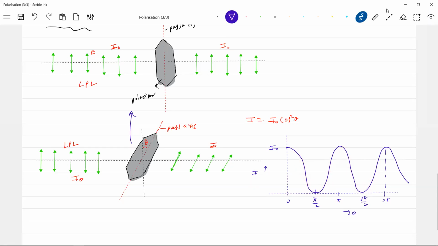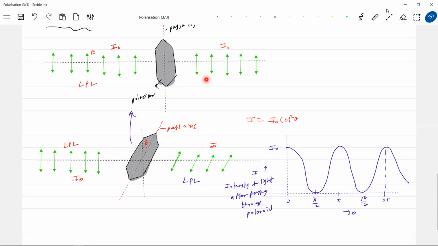What is I now? The intensity of light after passing through the polarizer, so it's linearly polarized. If you pass unpolarized light and rotate the polarizer, what will happen?